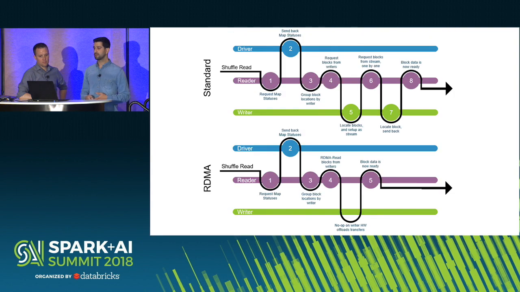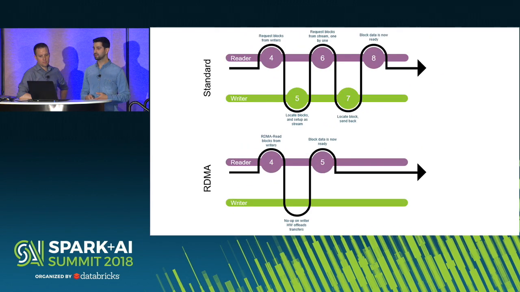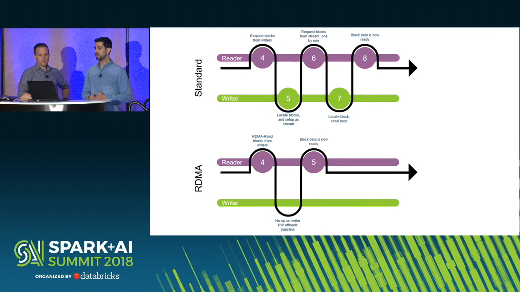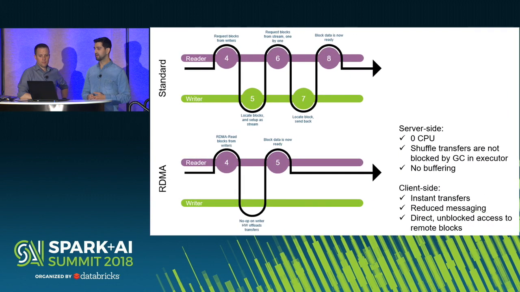So zooming out a little bit and comparing the two only on the specific parts which are different. So this is the standard and the RDMA protocol, just cutting out the places where we actually fetch the blocks, which are different. And we can see here, on the server side, which is actually the writer side, that we have 0 CPU in the RDMA case. There's no code or software running in the actual reduce phase.